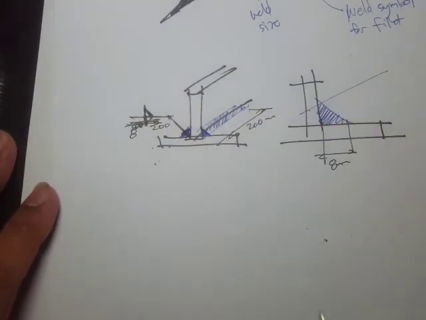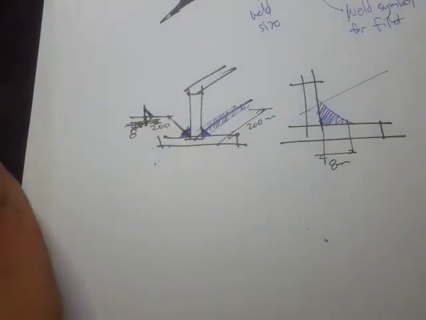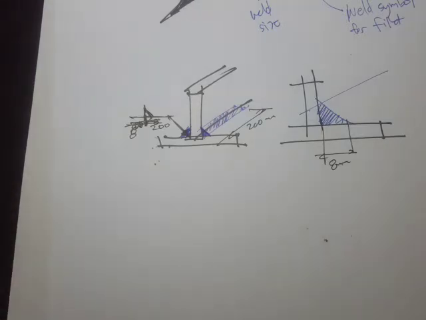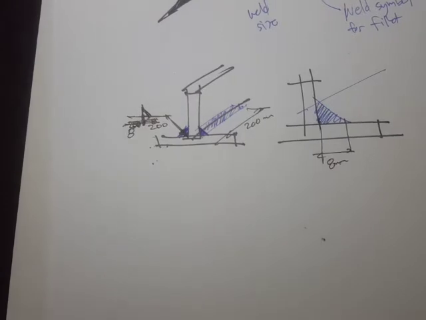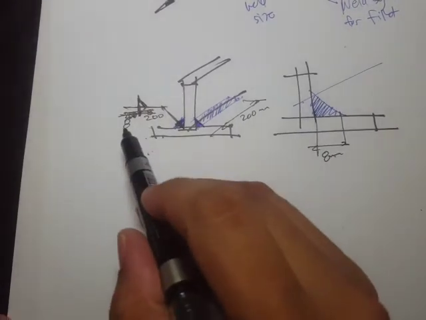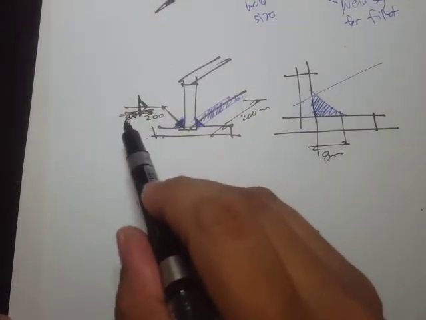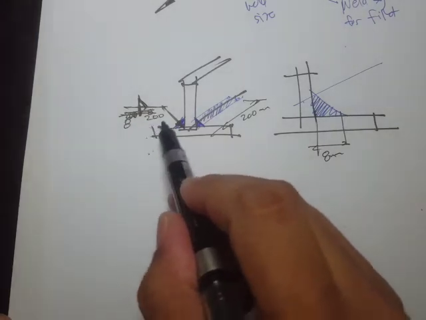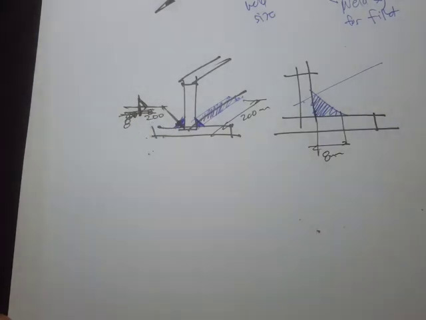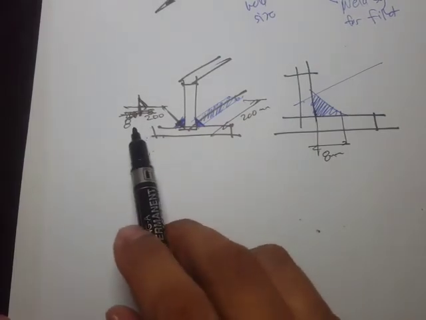Okay, so I think that's all we need to know for now, because that's just the typical symbols that we'll encounter in our homework. So 8 refers to the size, and this one, I mean 200, is the weld length.